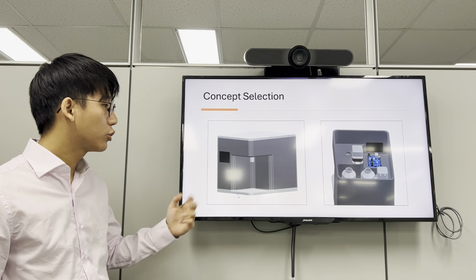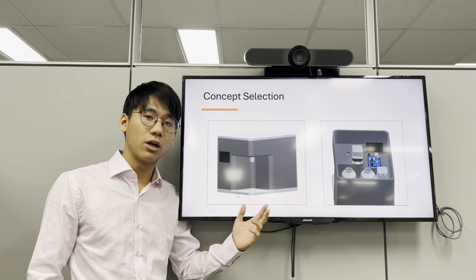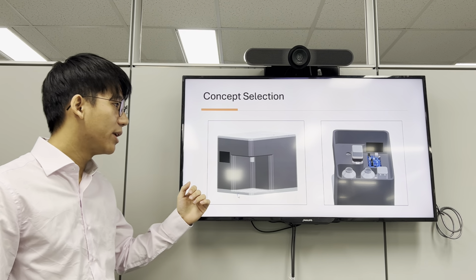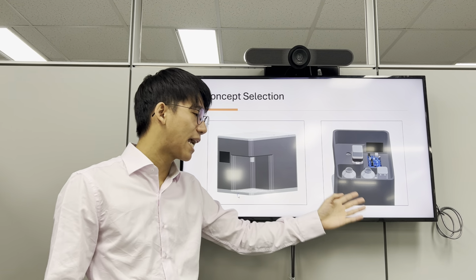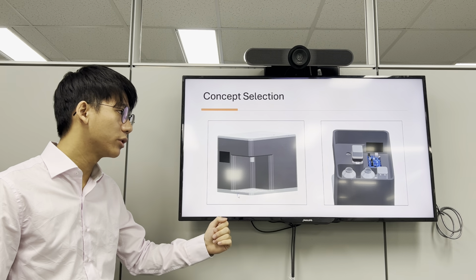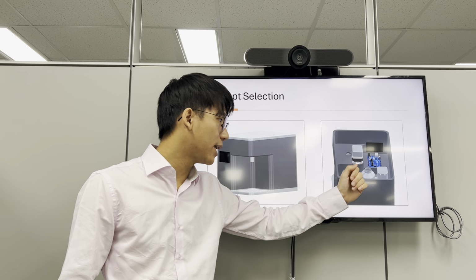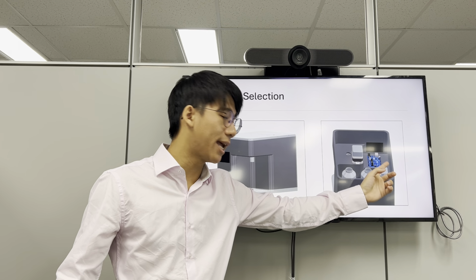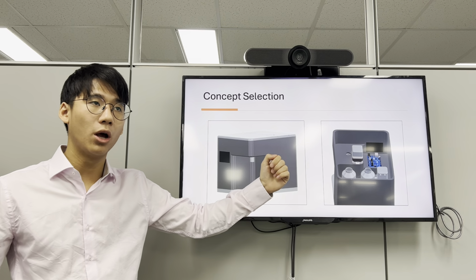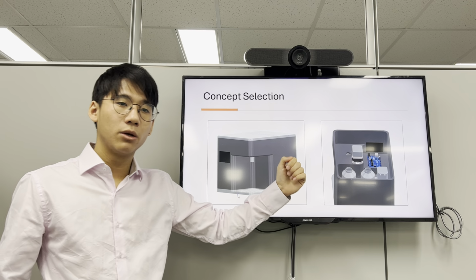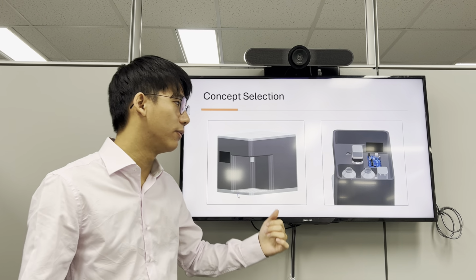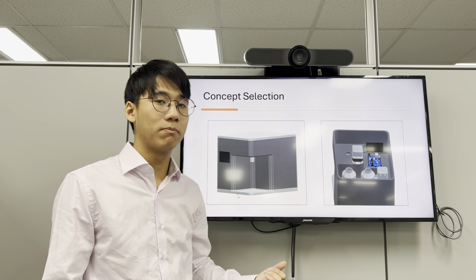From scoring and ranking all of our possible solutions, we came up with this CAD model, and it's going to be our final solution. We chose to use an Arduino board to control the whole system, and an external EEPROM to store at least 64 different kinds of recipes for making mixed drinks.